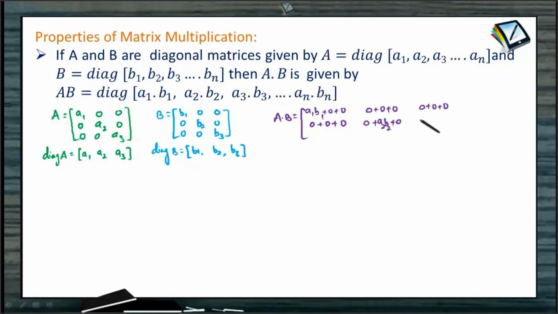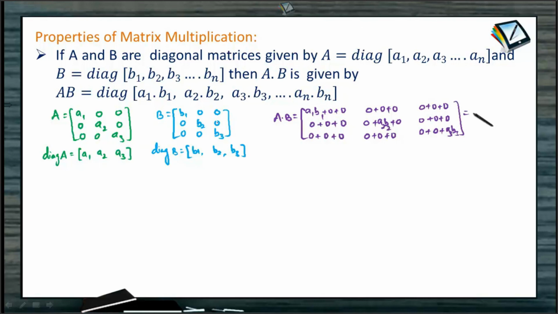Then again the second row third column would be 0 plus 0 plus 0. The third row first column would be 0 plus 0 plus 0. Third row second column is again 0 plus 0 plus 0. But look at the third row third column. When this row of A is multiplied with this column of B, we get 0 into 0, 0, plus 0 into 0, that is 0, with A3 with B3, that is A3 B3.